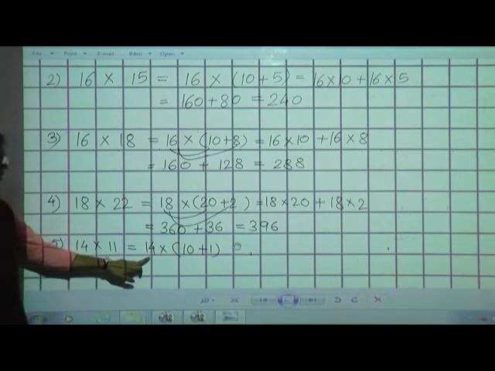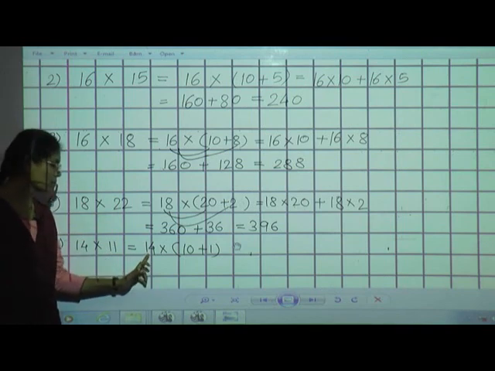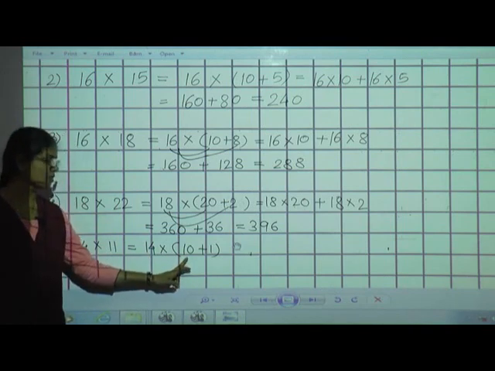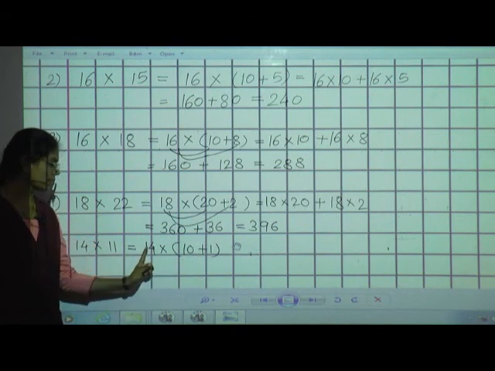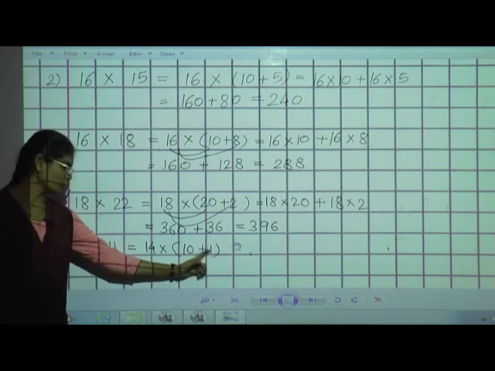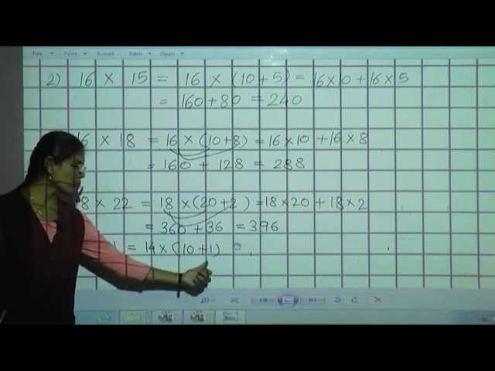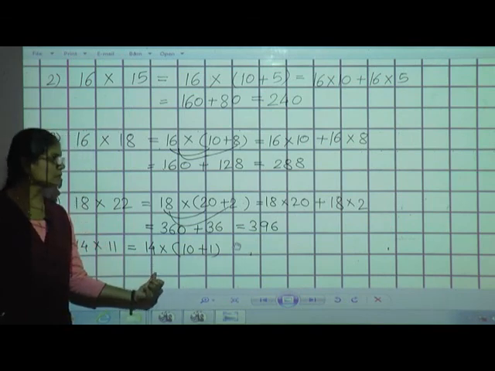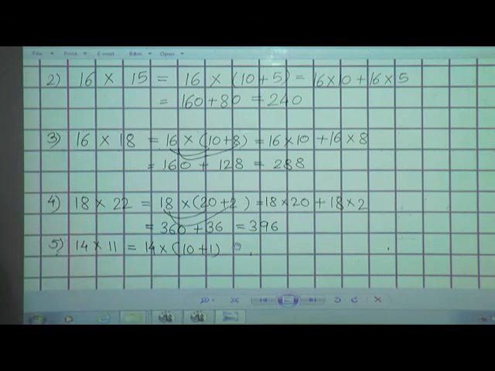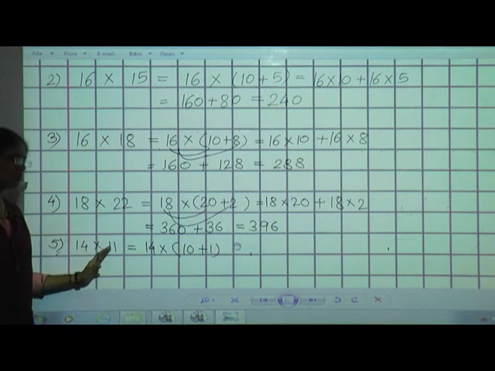Now you have to multiply 14 into 10 first and then give a plus sign and then 14 into 1. 14 tens are 140 plus 14 into 1, 14. So 140 plus 14, do the addition, then you will get the answer: 154. This you have to solve on your own. Try to solve on your own.